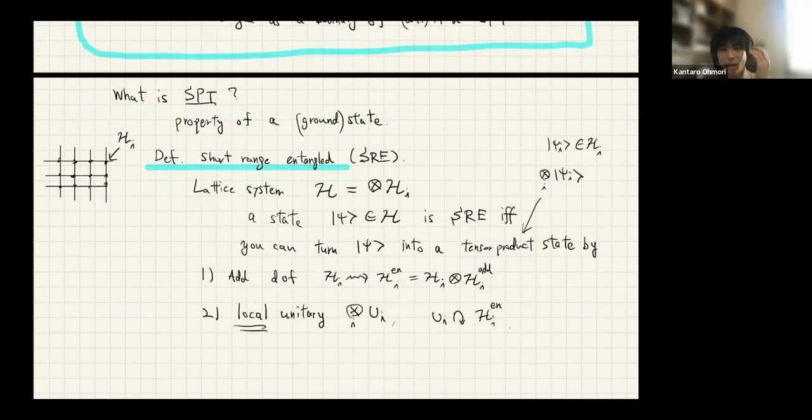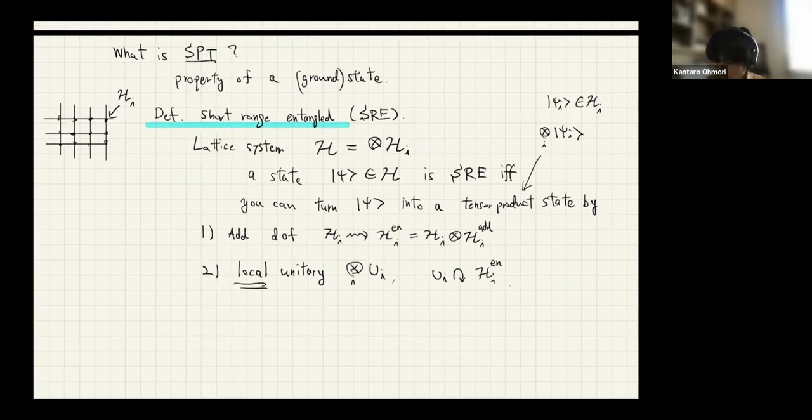So this is not an arbitrary unitary; each unitary should act on just a single site, after adding some decoupled degrees of freedom. So this is the definition of short range entangled. We will soon see an example of such.